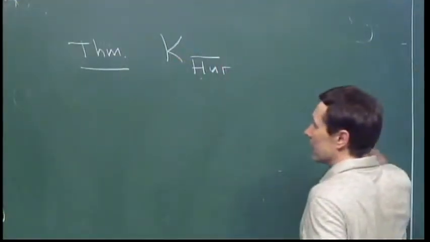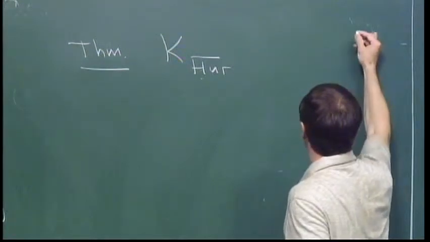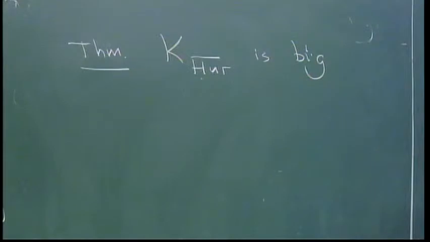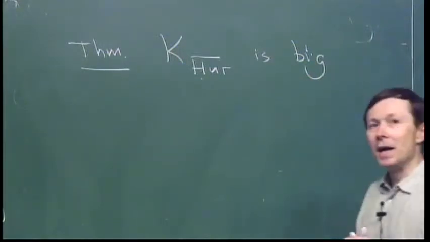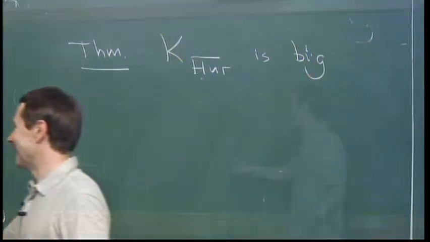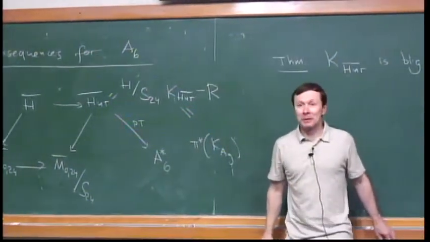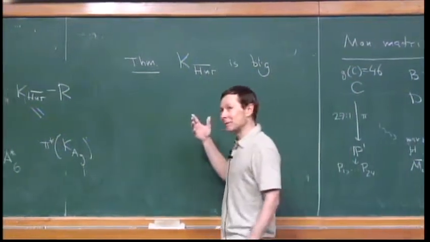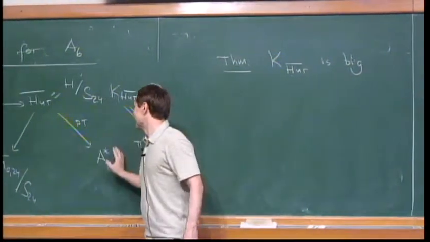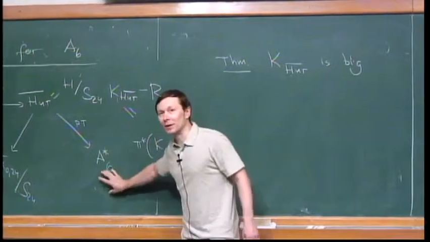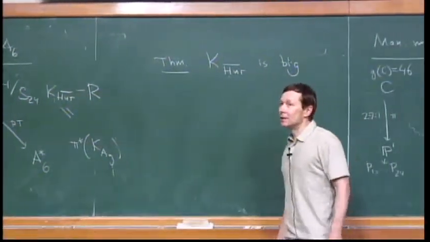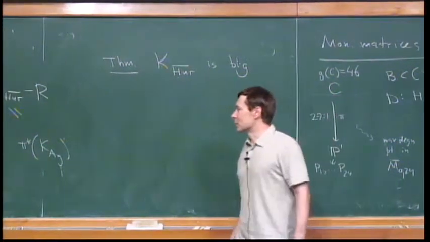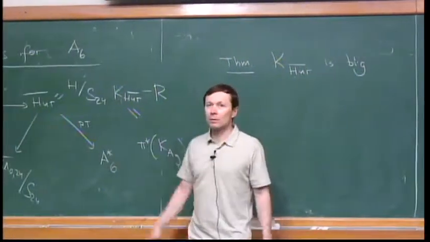The canonical class of that compactified Hurwitz scheme is big. And so that does not imply anything about A6 right away. So if it was negative, if minus K was ample or something, then that would imply immediately that the Kodaira dimension here is negative infinity. But it's not. So it's big, and so more work is needed.